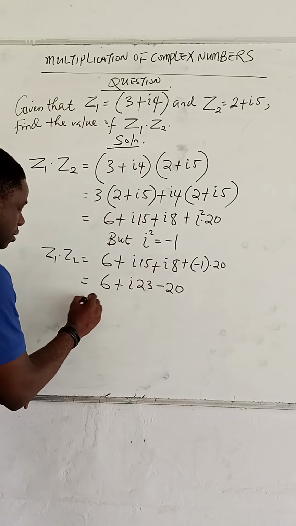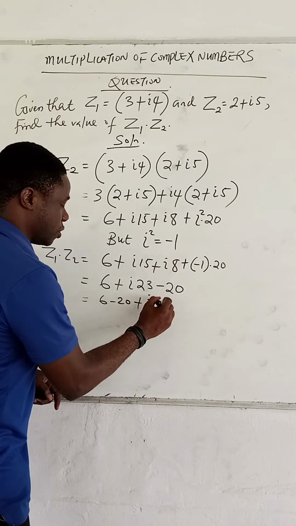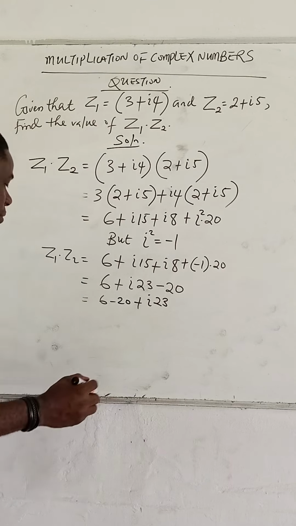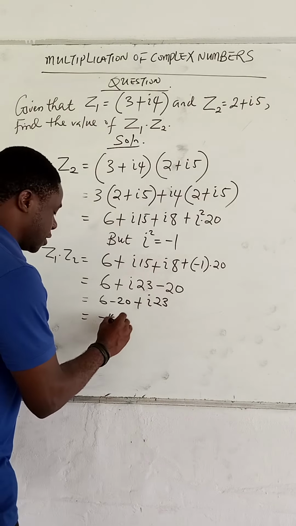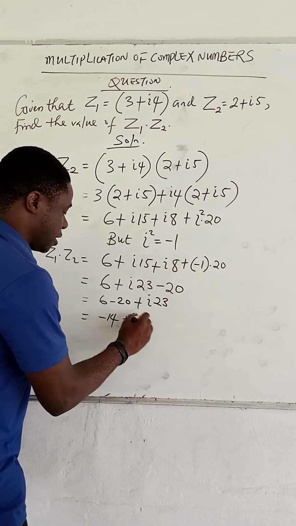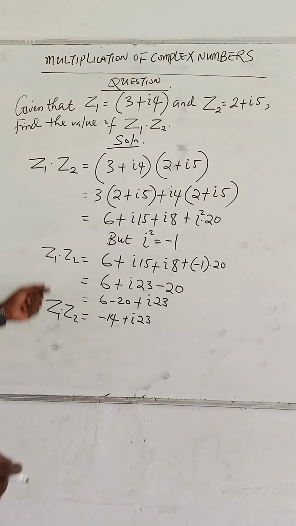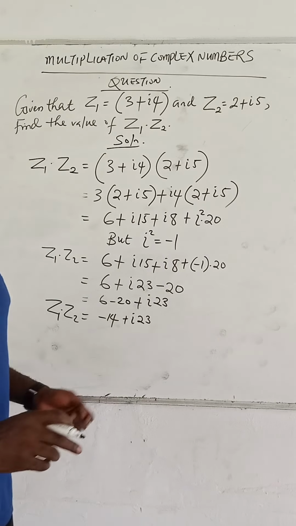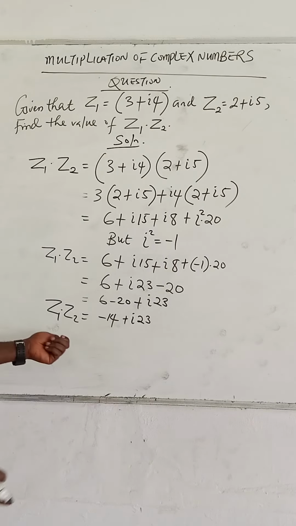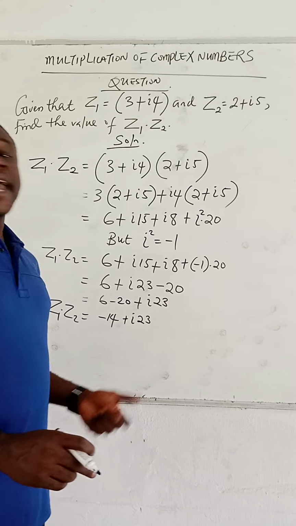So this becomes 6 minus 20 plus i23. 6 minus 20 is minus 14 plus i23. So the product of z sub 1 and z sub 2 is minus 14 plus i23.